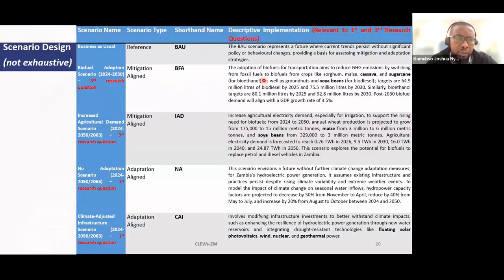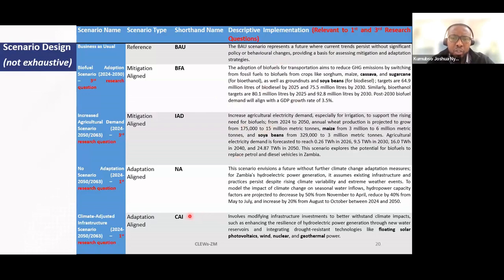This looks at a detailed table, which is not exhaustive in that some scenarios are not included, but it's also got a description of what we're trying to discuss. We've got the business as usual. This is pretty much like I alluded to previously. It represents a future where current trends persist without significant policy or behavioral changes, providing a basis for assessing mitigation and adaptation strategies.